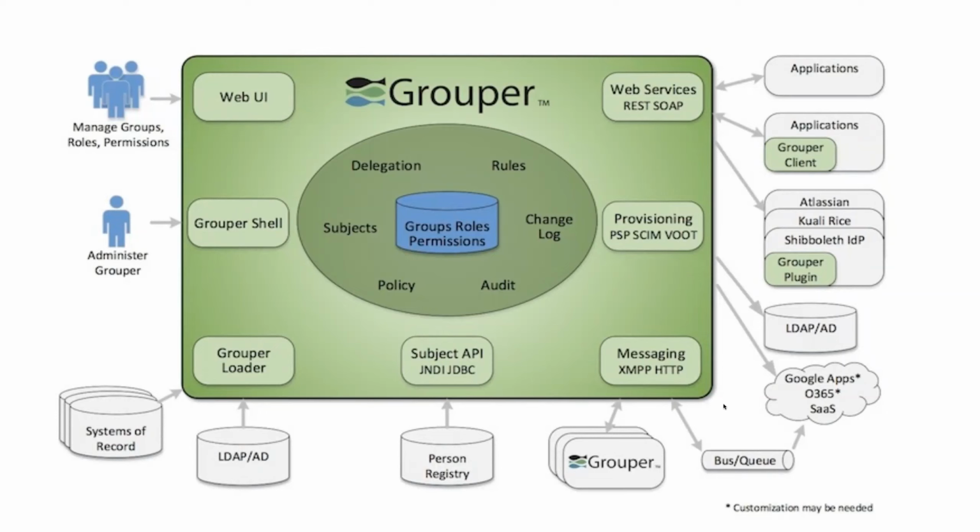So an application can interact whereby a message can be put onto a message queue, and Grouper can act based on the contents of the message. So that's a general high level overview of the different components of Grouper.